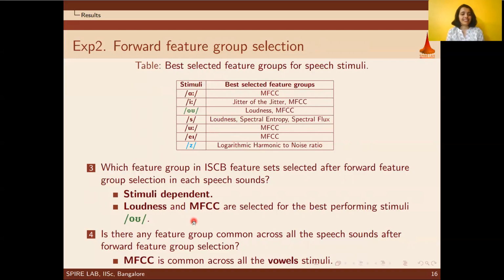From the table, we can see that there is no common group across all the speech sounds, and results are stimuli dependent. Although there is no common group across all the speech sounds, vowels have MFCC as the common group. For the best performing O sound, loudness and MFCC were selected as the best performing groups.